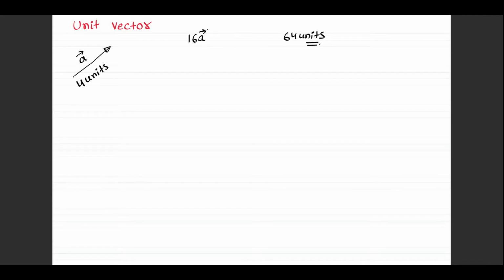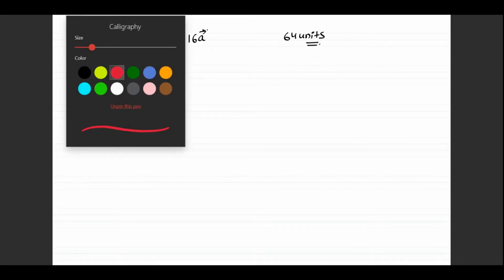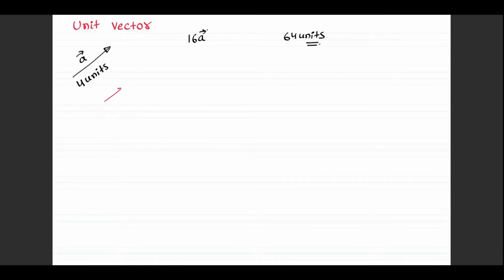So what we can do is, first we can make a vector of 1 unit in this direction. And that vector which you create of 1 unit in that direction is known as the unit vector along A, right? And the significance is that if any unit vector is there, you can see this is the difference. This sign represents it's a unit vector.